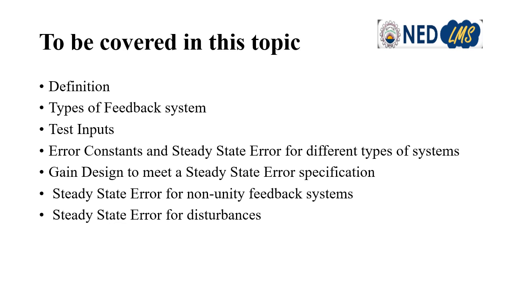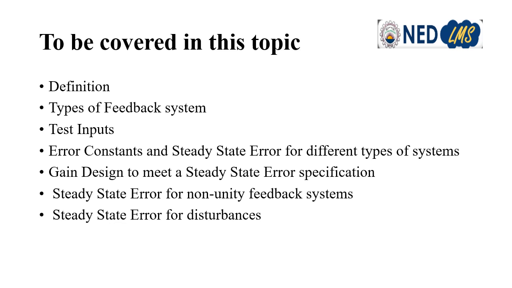These types of feedback systems are actually important for the study of the steady state error, because you will see after completion of this topic that by just evaluating the system type, your calculation work for the steady state error will be reduced if you know the type of a particular feedback system.